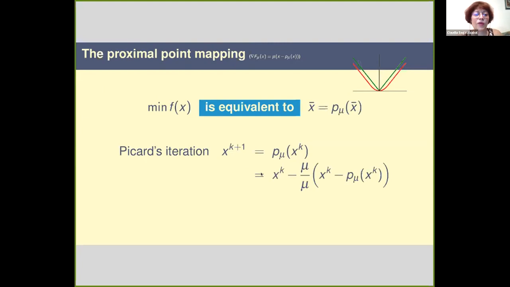If we remember what I wrote for the gradient of the Moreau-Yoshida, it was mu times x minus the prox. So if we add plus minus x and multiply by mu divided by mu, we have this equality. And now we remember that this is the gradient of the Moreau envelope. Then we see that the iterates we are doing when we do a prox iteration are nothing but a gradient method on the Moreau envelope, preconditioned by the inverse of the proximal step.